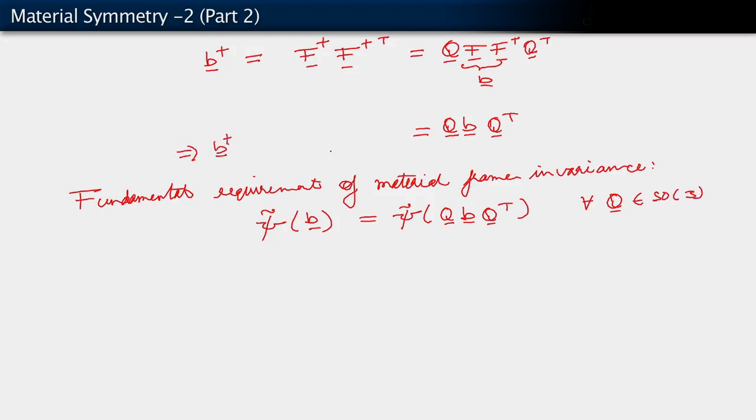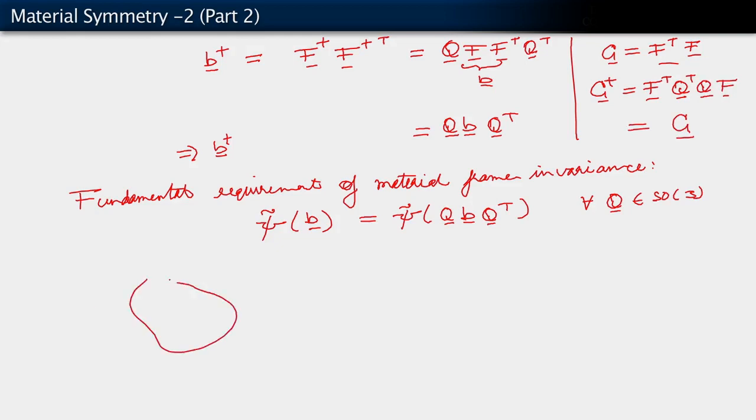Recall that C is F transpose F, and therefore if you wanted to calculate a C plus, you would get F transpose Q transpose QF, which was the same as C. Because the right Cauchy-Green tensor is defined on the reference configuration.